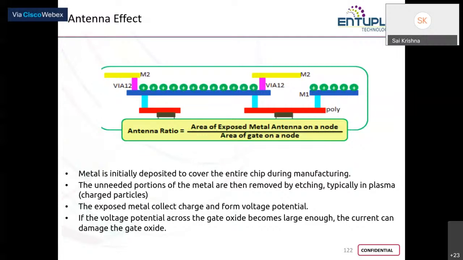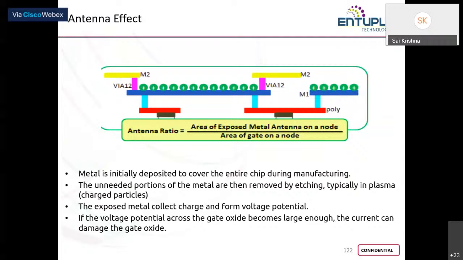In order to comfortably carry charges or signals from any standard cell to another cell, it has to pass through certain vias and metals, right?